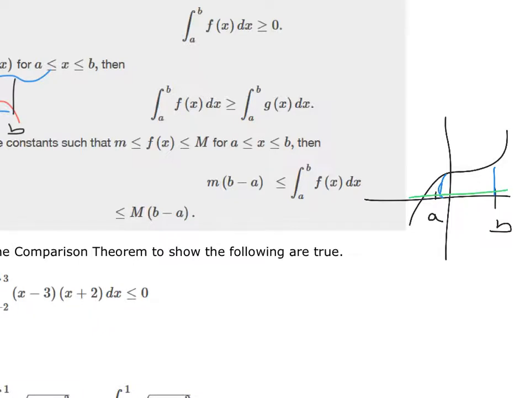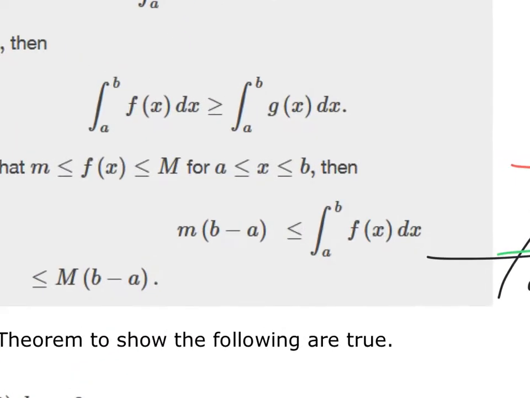So from here is m, and then from here is the big M, little m and big M. And you see I'm kind of sandwiched between there. And that gives me this. So if I take that constant m, so it's a horizontal line, multiplied by b minus a, it had better be a smaller number than the integration that I had.